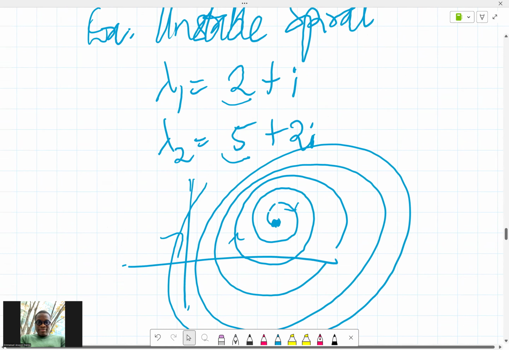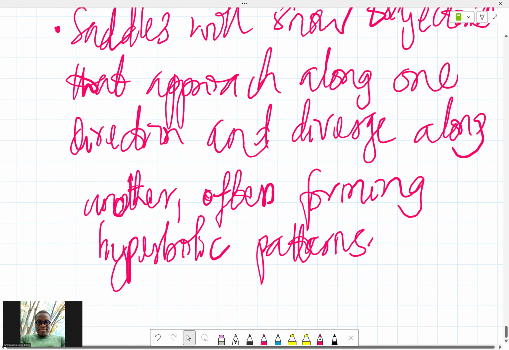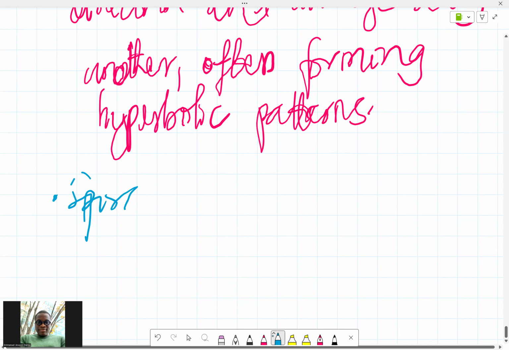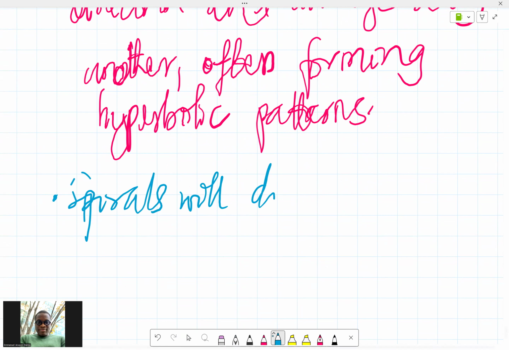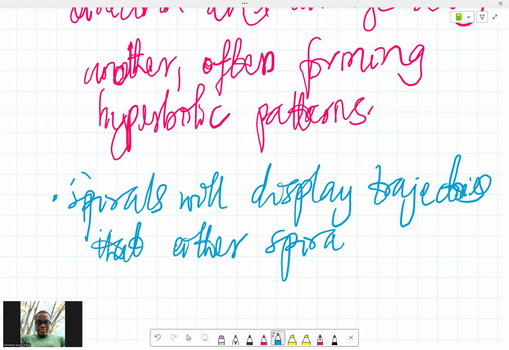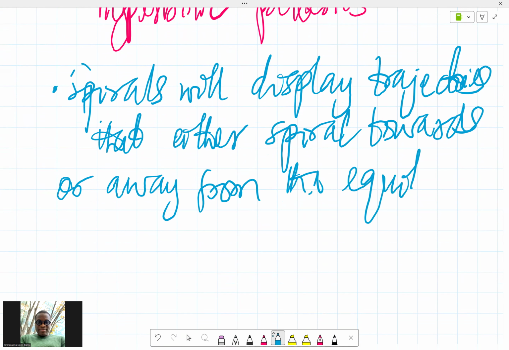Okay. Then we have spirals. Spirals display trajectories that either spiral towards or away from the equilibrium point.